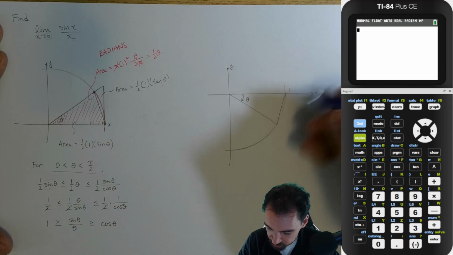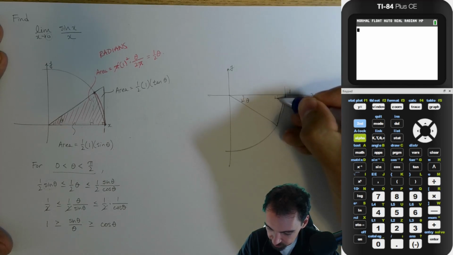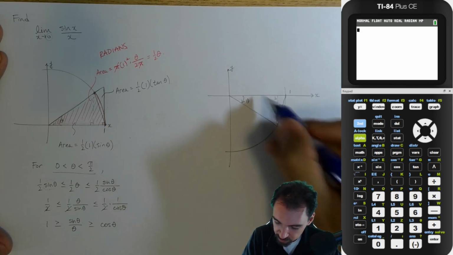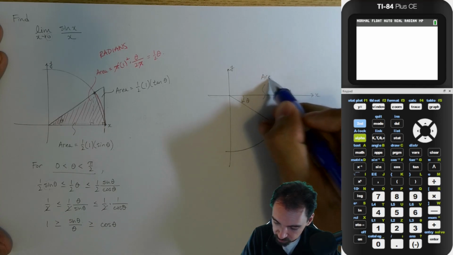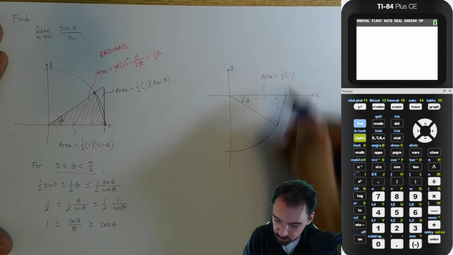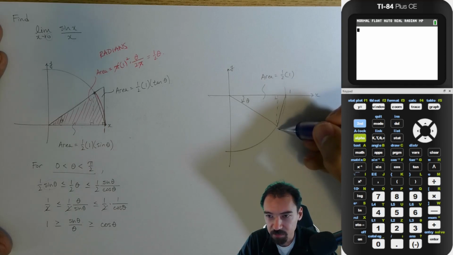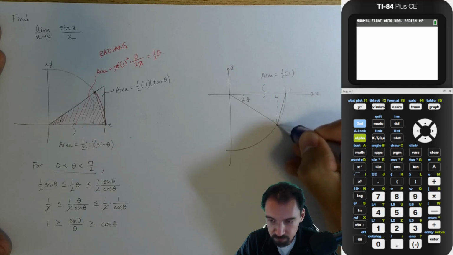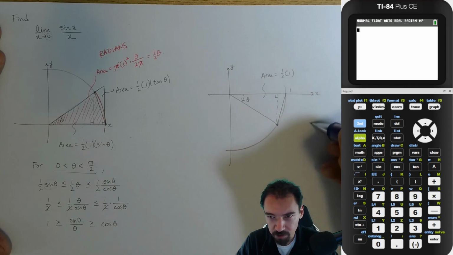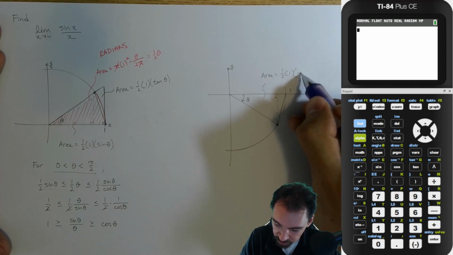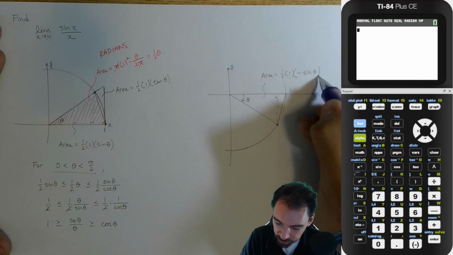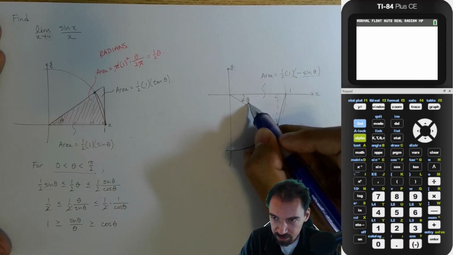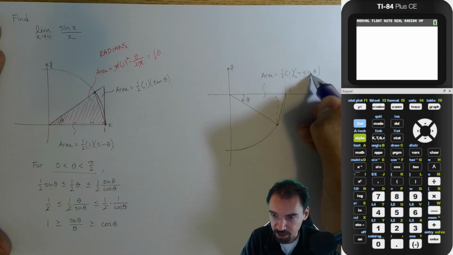But by the same logic, I can say the area of this triangle is 1/2 times the base times what is the height this time? The height physically is a positive number. The y-coordinate of this point is a negative number. So the height should just be the negative of the y-coordinate, because sine of theta is a negative number. Negative of negative gives me the positive height.